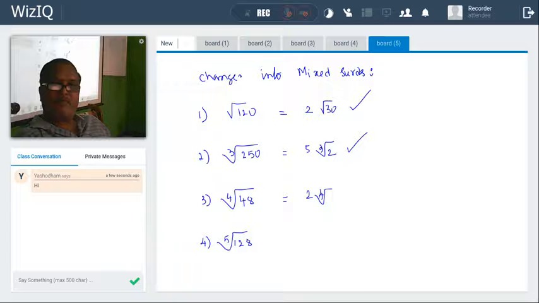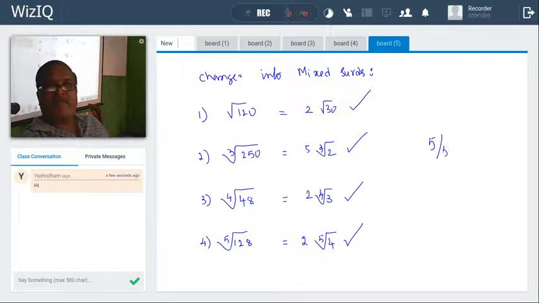Fourth root of... yes, right. Fifth root of 4. Yes, this is also right. So each question carries 1 mark. If you get all the 5 questions wrong, you can write 5 out of 5.